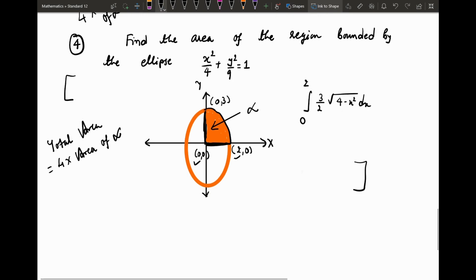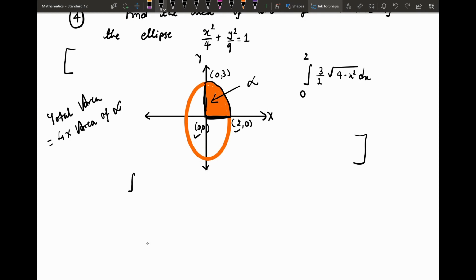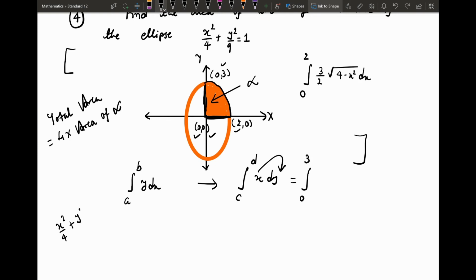Now another thing, here you can also use this formula, because this portion alpha is also bounded by the y-axis. So in place of a to b y dx, you can also use the formula c to d x dy. In this case the c to d limit will be 0 to 3, and x as a function of y. So from the equation x square by 4 plus y square by 9 equal to 1, x square by 4 equals 1 minus y square by 9.